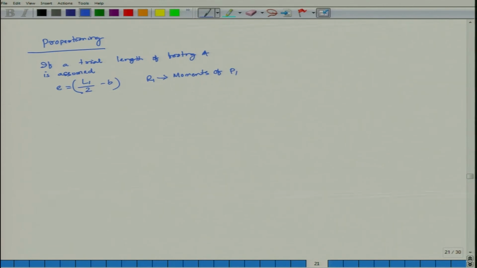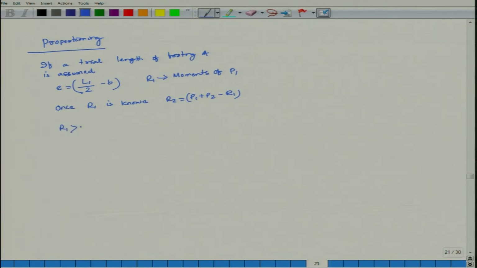Once R1 is known, then R2 is equal to P1 plus P2 minus R1.